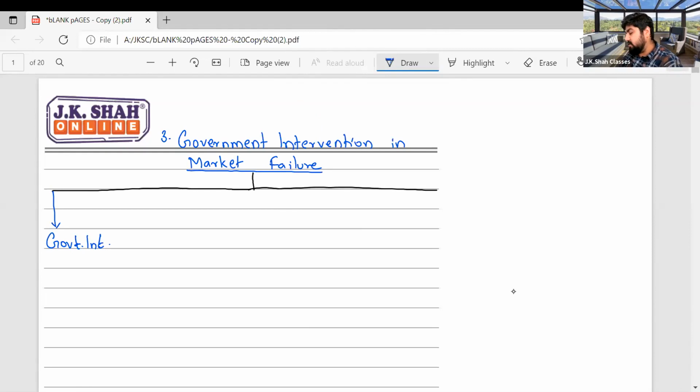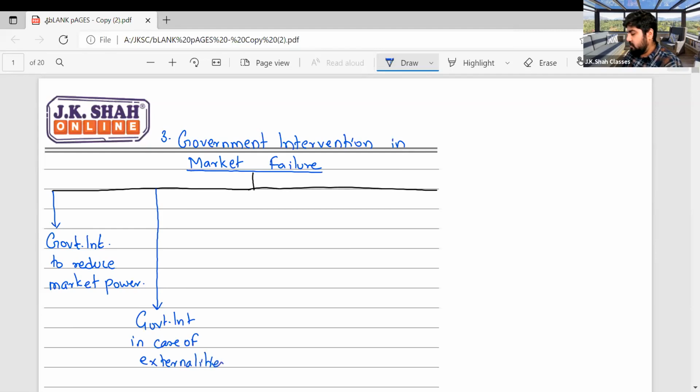Government intervention to reduce market power. Government intervention in case of externalities.